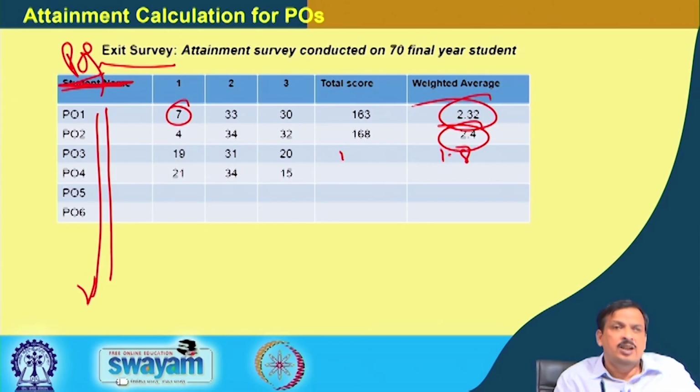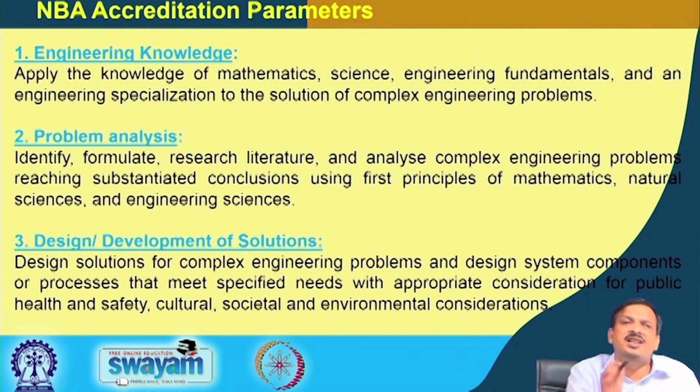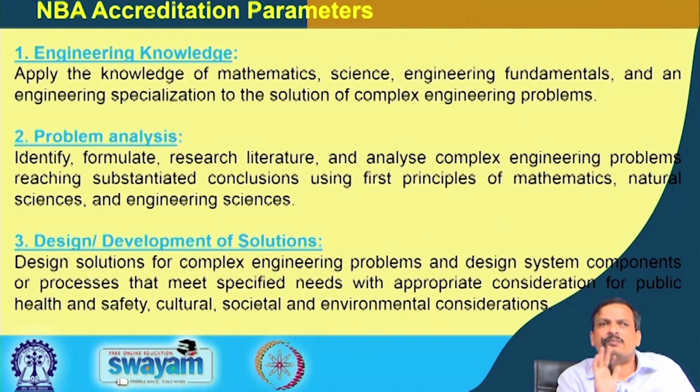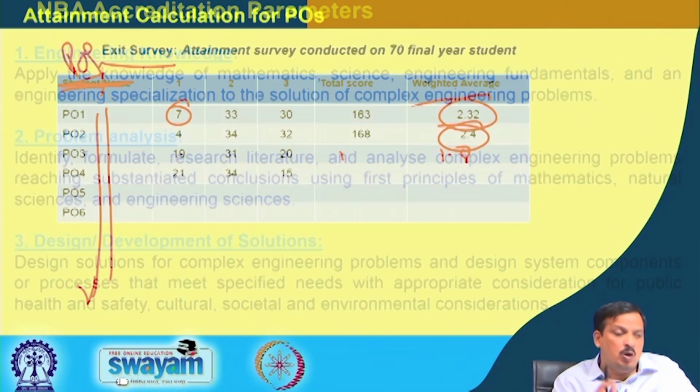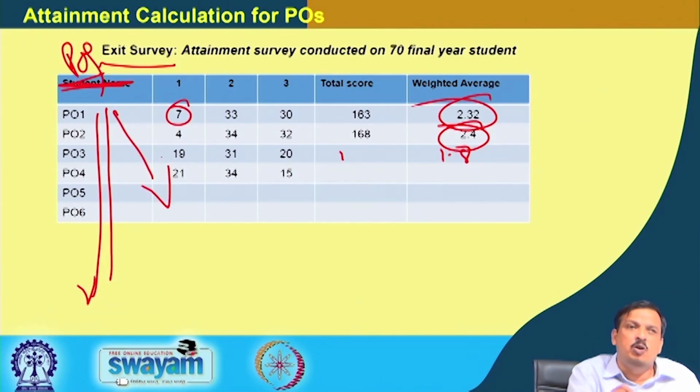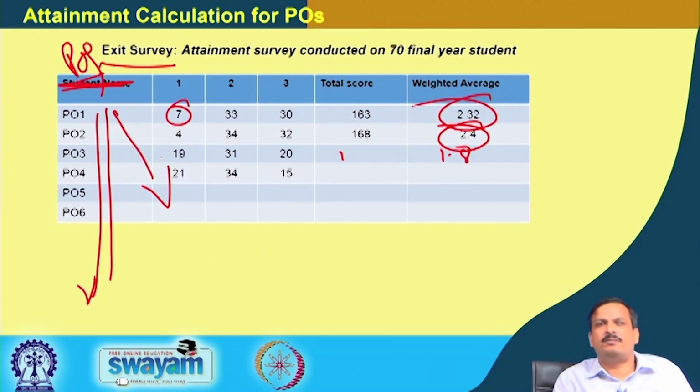So, in summary, when you collect the PO wise feedback, do not write only this one, engineering knowledge. Write solving ability of complex engineering problems, do not write engineering knowledge. Instead of PO 1, you write your PO there.